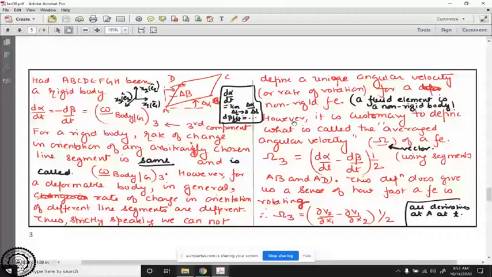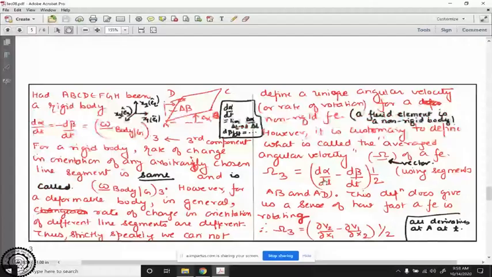All right, and that's why I say it is giving us a sense of rotation. Had this been a rigid body, this expression where my cursor is right now would reduce to d alpha dt or minus d beta dt, which is precisely the angular velocity of a rigid body.